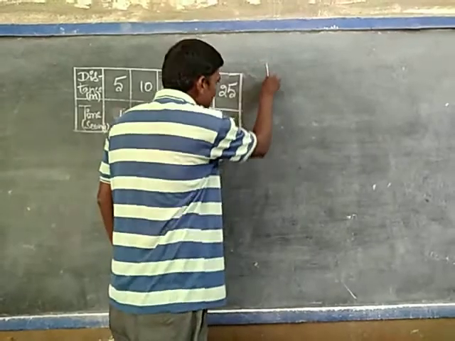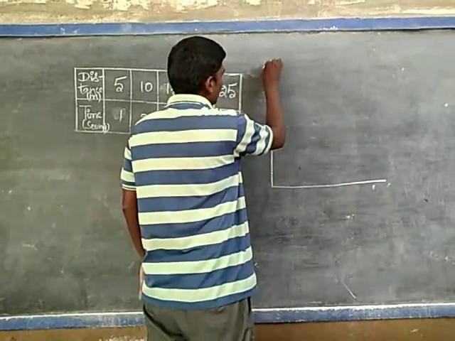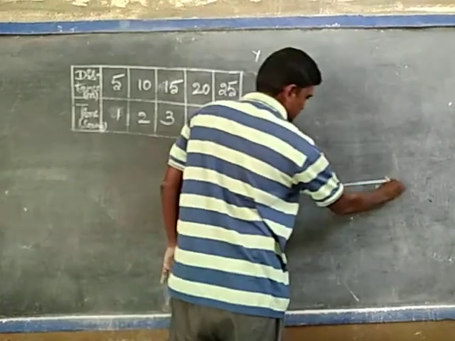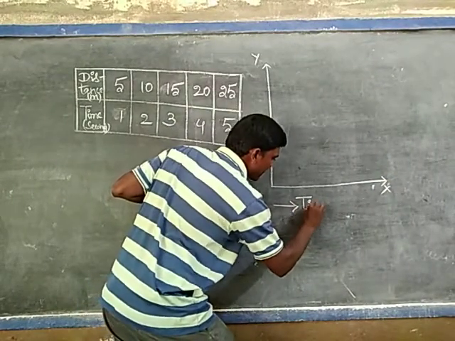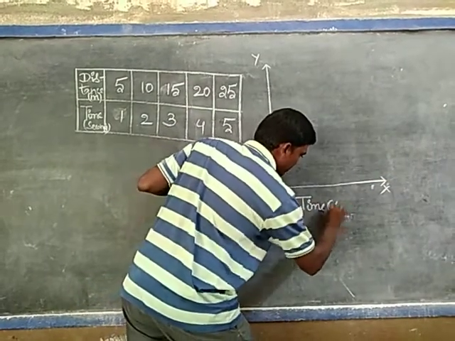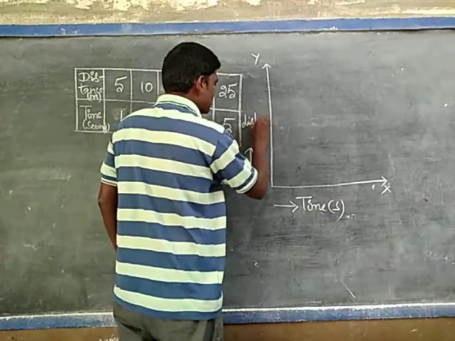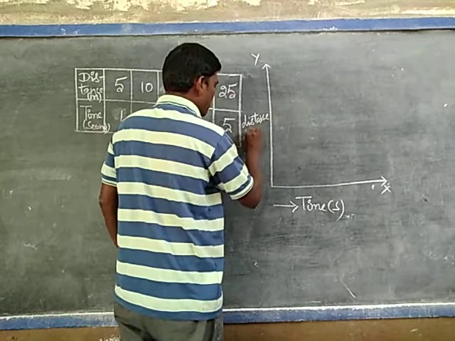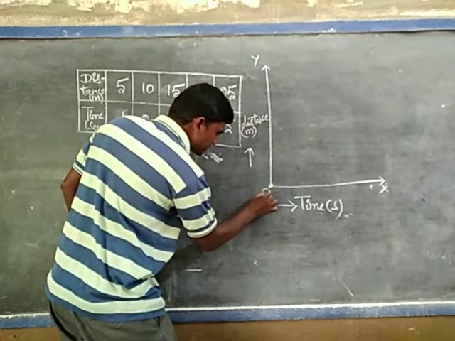Now we draw a graph. This is the y-axis, this is the x-axis. On the x-axis, we take the time values in seconds. On the y-axis, we take the distance values in meters. Here it is 0.